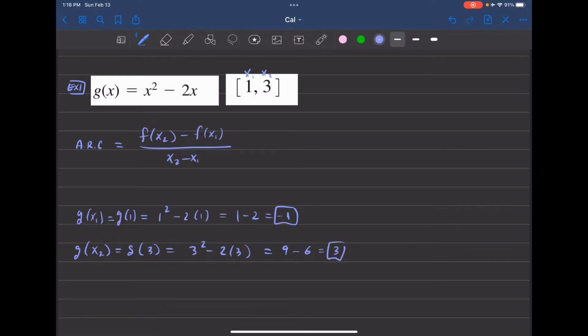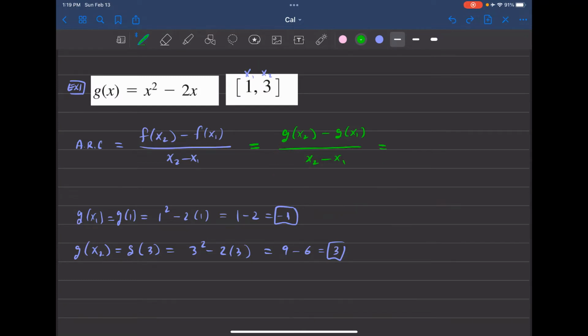Now let's simply plug this into our formula right here. So we're looking at g of x2 minus g of x1 divided by x2 minus x1. So in this problem, this is our g of x2. This is our g of x1, and x1 and x2 are these points right here. So let's substitute them.